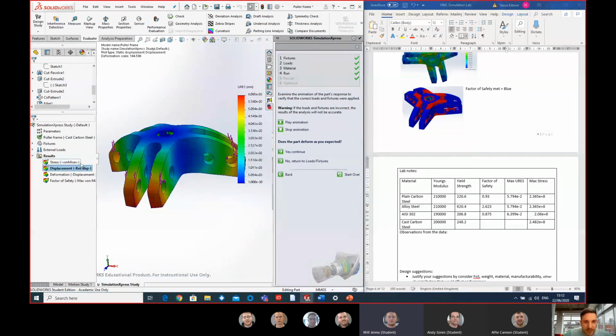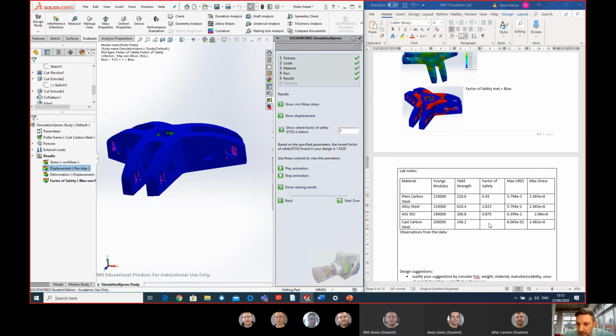Maximum uniform displacement 6.065 e to the minus 2. Our factor of safety 1.53.